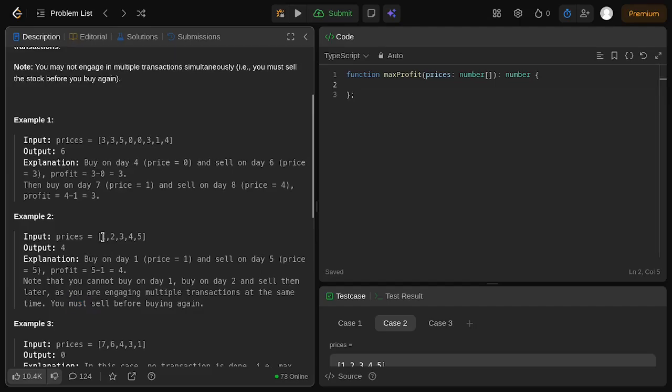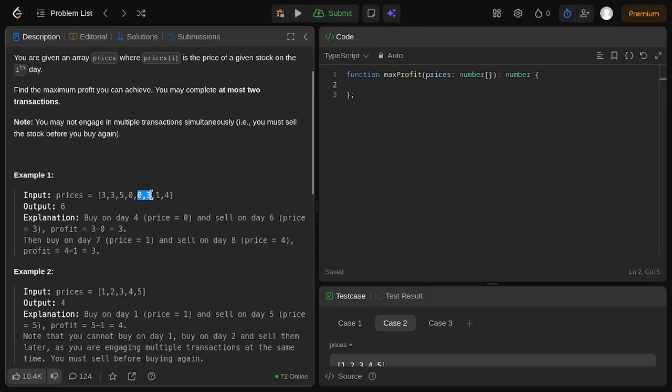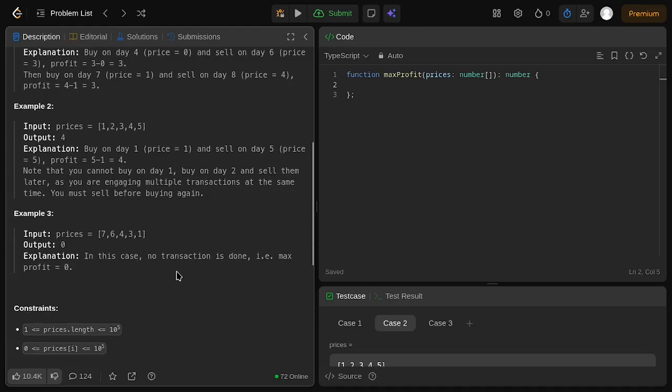If we buy on day 1 and then buy on another day, which is day 2 at price 2, that is not possible, because day 1 already covered the entire price range. We can just cover the parts like in example 1, like this and then like this, on separate days of the transactions.